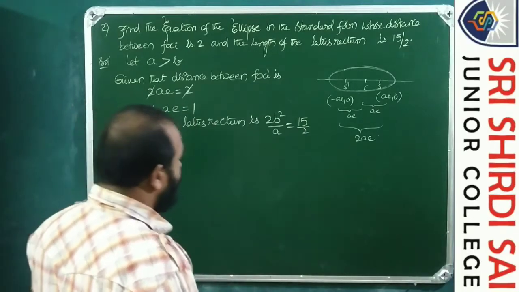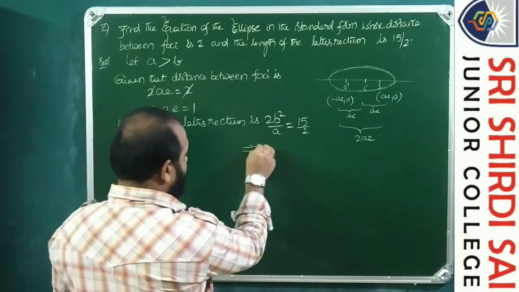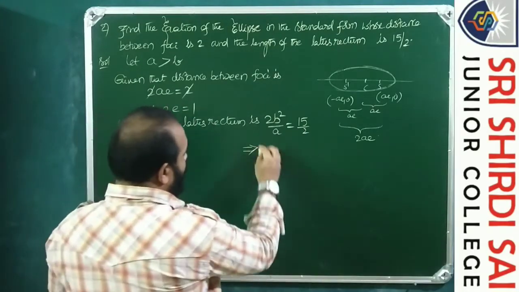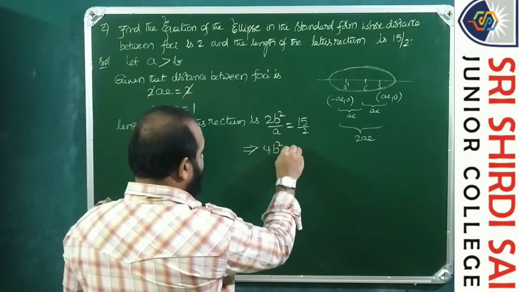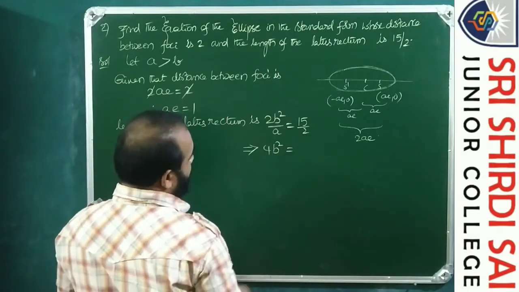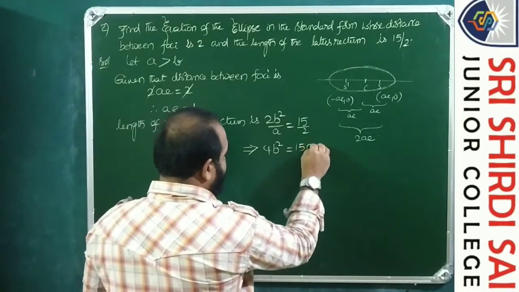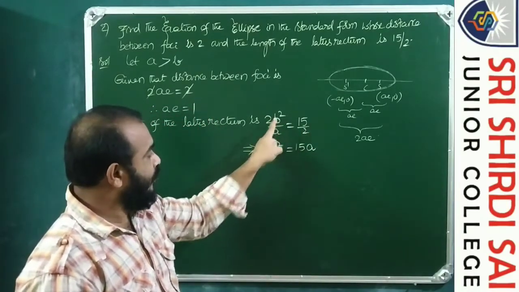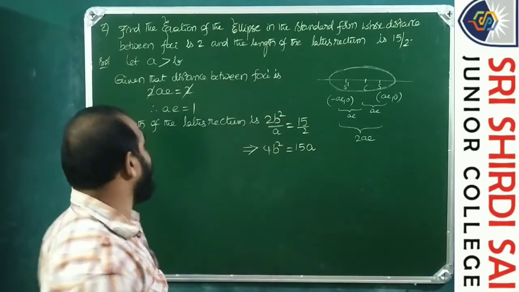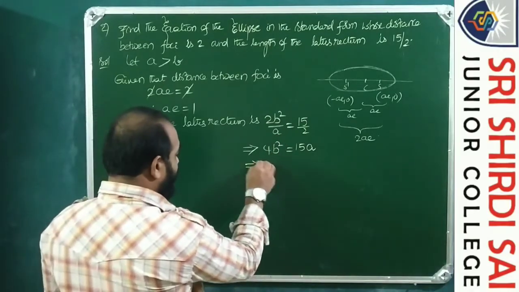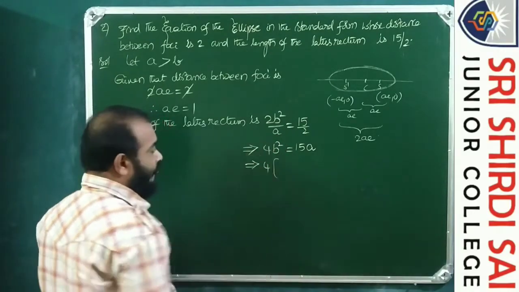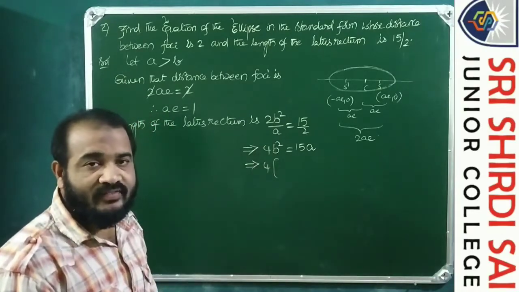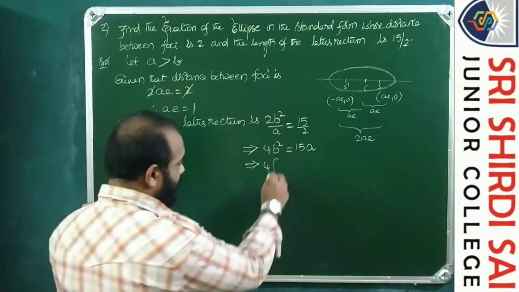So this equals, 2 2s are 4b square, 4b square equals 15a. Cross multiplication, 2 2s are 4b square equals 15a. So from this, we know that b square equals a square into 1 minus e square.